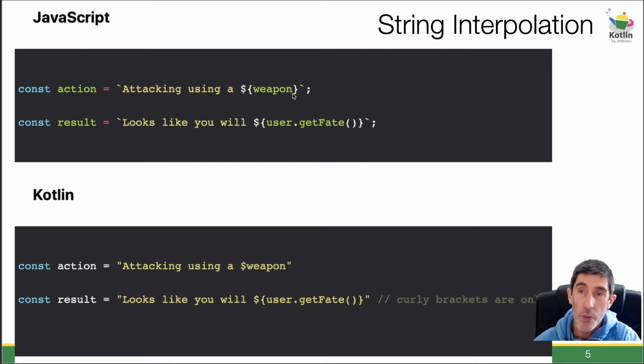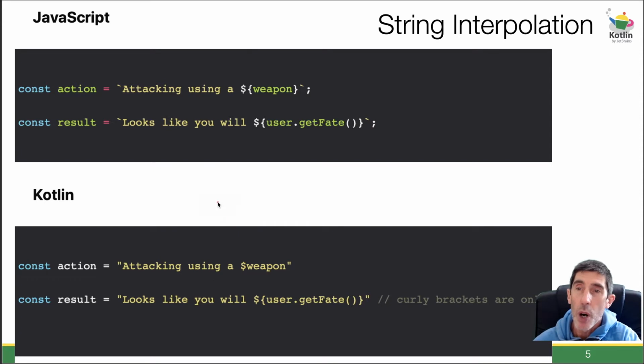Something very similar to what we would see in Kotlin, where we can say $weapon. The only difference is that in JavaScript, to access the variable we still have to use the curly brackets, whereas in Kotlin we don't. We can just say $weapon, and that will replace whatever weapon value happens to be in our string.